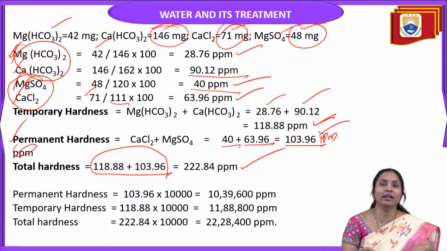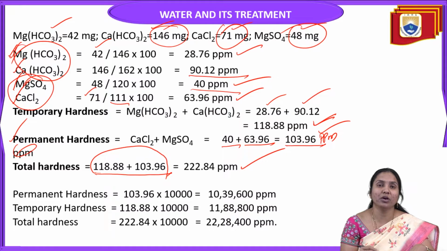Now we can convert this into 10,000 liters of water. How can we do that? Multiply the temporary hardness or permanent hardness by 10,000. In this way, we can calculate the hardness present in 10,000 liters of water.